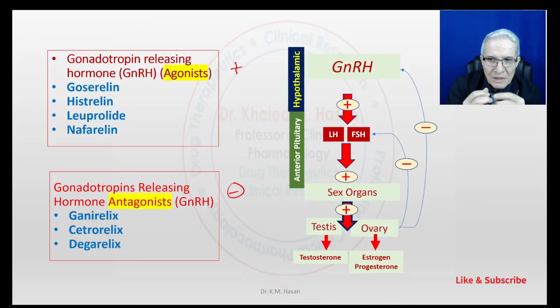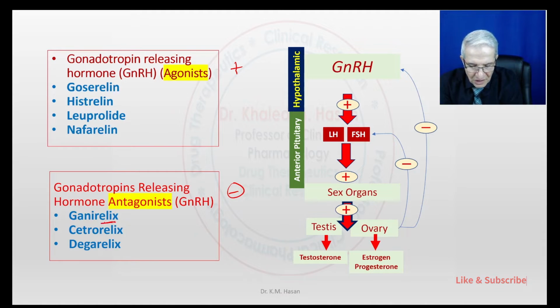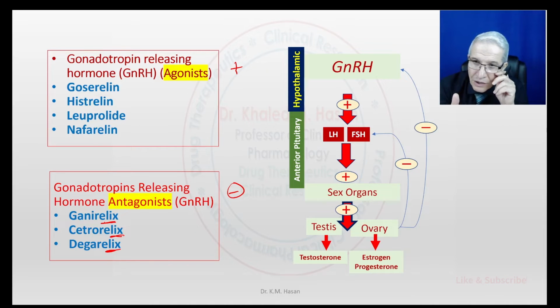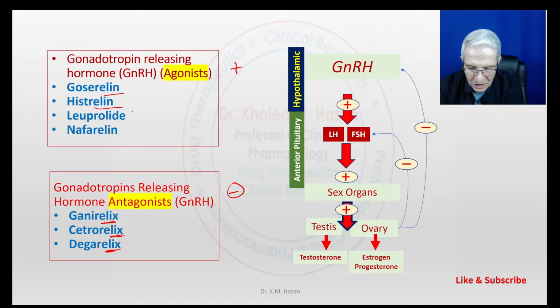Then we have antagonists, which bind to the receptor and block it. We have cetrorelix and degarelix. You can see the suffix relix, which means, remember, GnRH antagonist. So we have relin for the agonists, and relix for the antagonists.